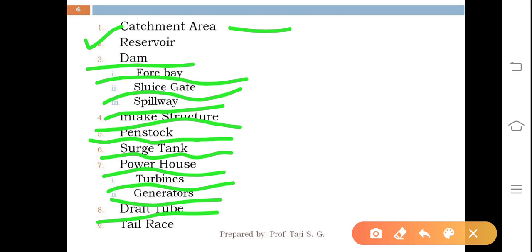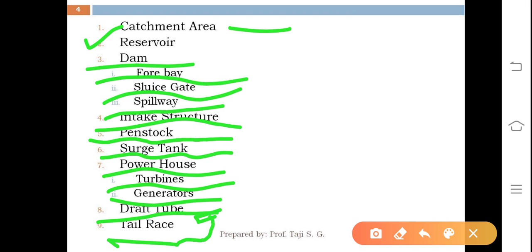And from the natural ground level, that is the bed of river, up to the water level in the river below the powerhouse, where the used water is terminated, is known as tail race, to which the water is let off through the draft tube. So the purpose of the draft tube is to let off the used water during the generation of electricity. Very effectively draft tubes are used.